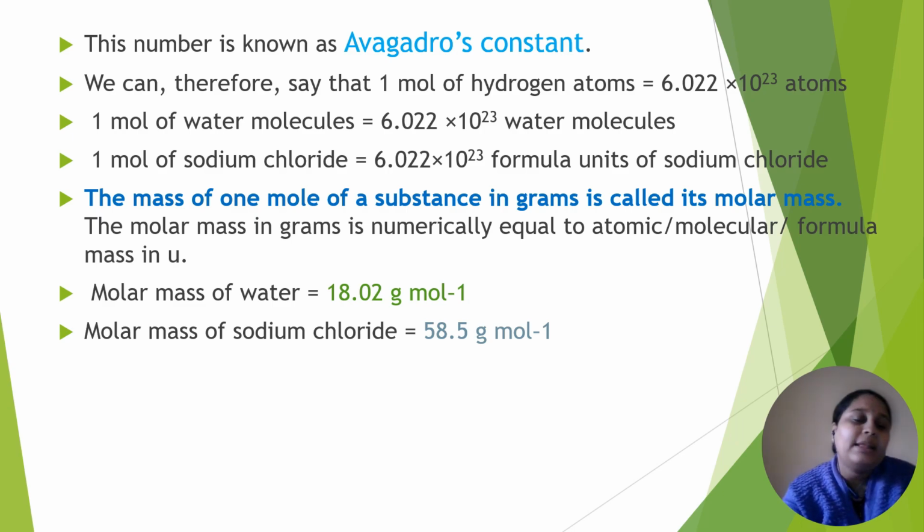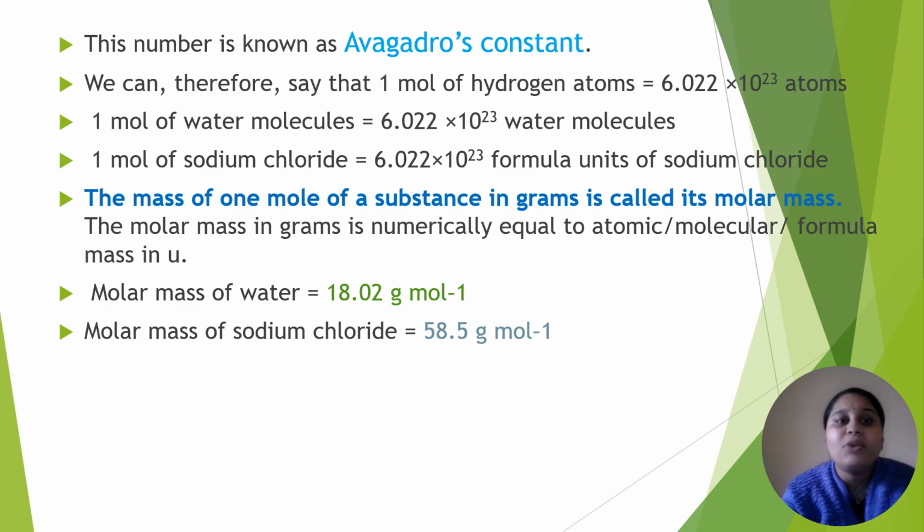We can say that 1 mole of hydrogen atoms is equal to 6.022 × 10^23 atoms. So 1 mole of sodium chloride also contains the same 6.022 × 10^23 formula units of sodium chloride. Water also has 6.022 × 10^23 water molecules.